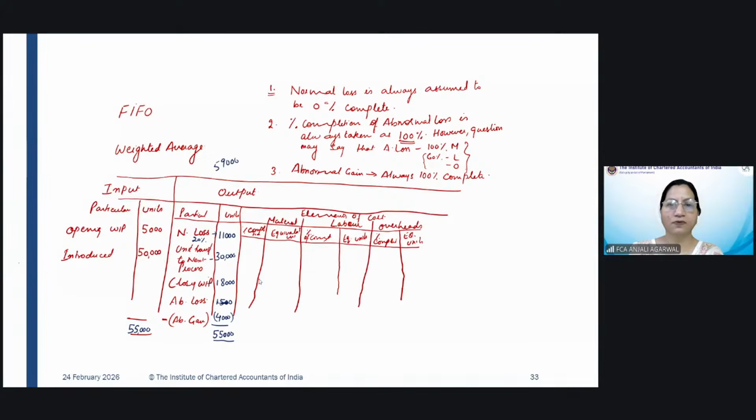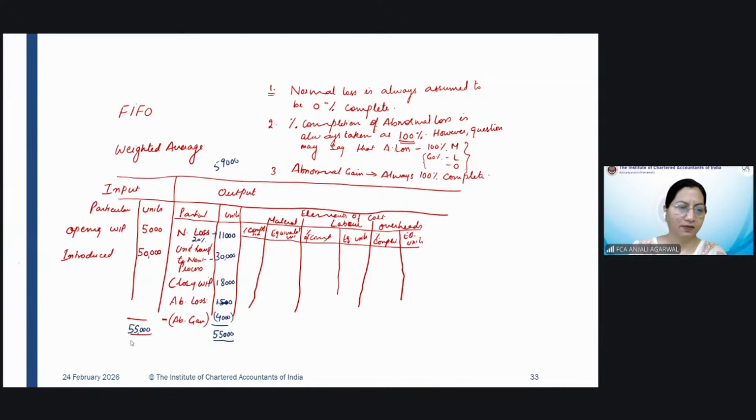In order to reduce normal loss, will reduce, right, ma'am? Okay. So this is how you do all the calculations, right?